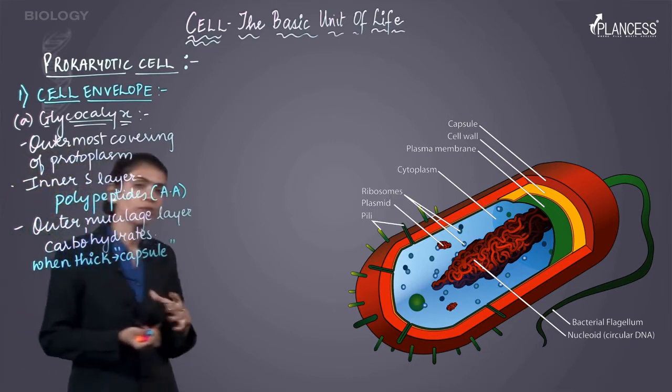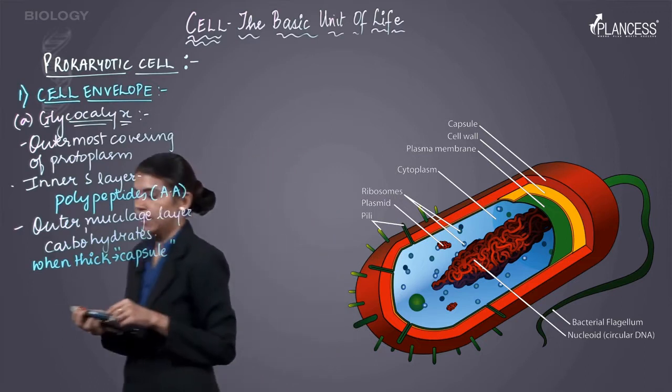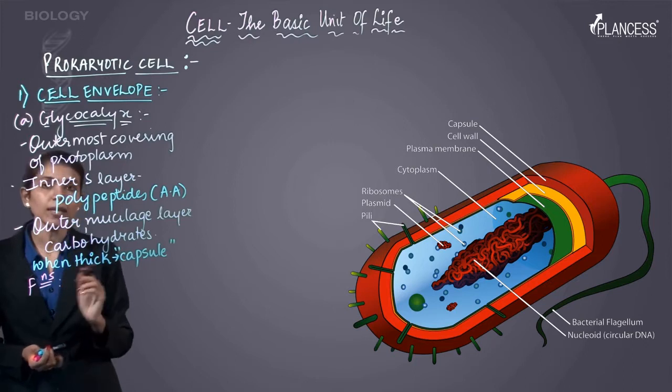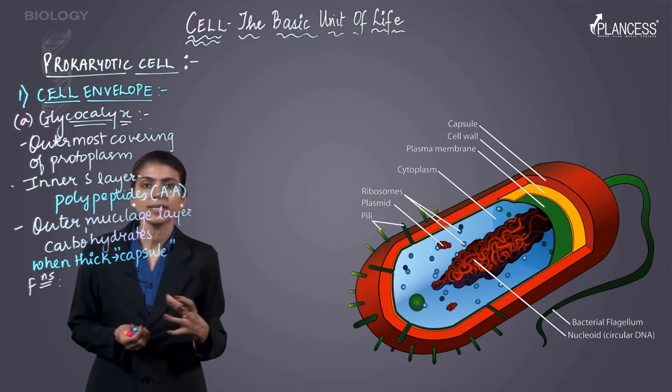Now what are the functions of this outermost layer, the glycocalyx? The first function of glycocalyx is that it prevents drying of the cell. That means it prevents desiccation.